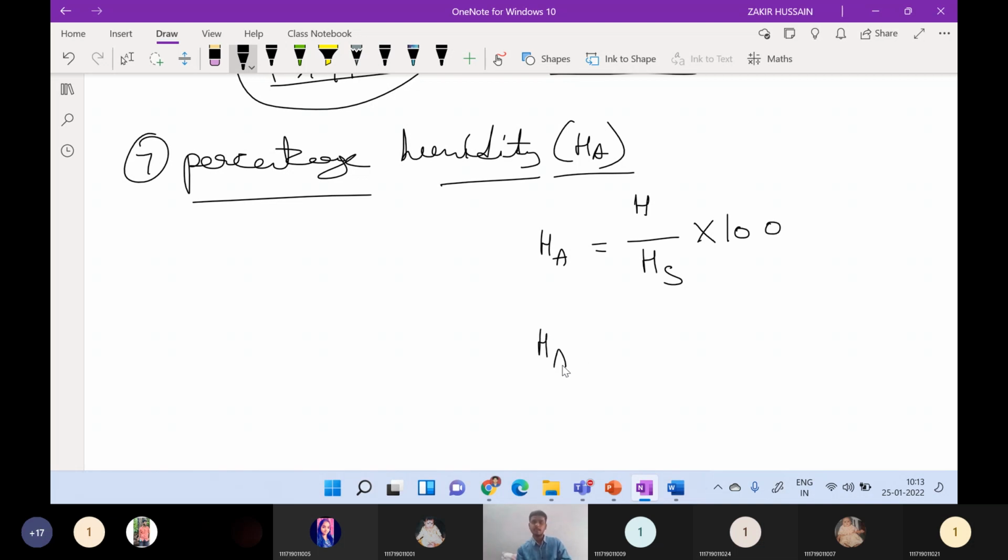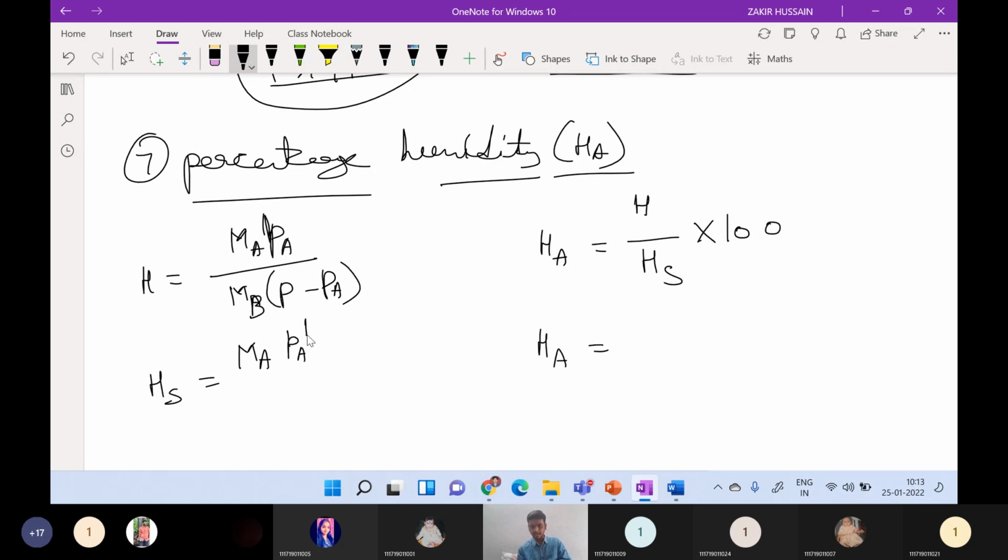Now we know that H is nothing but MA into partial pressure divided by MB into total pressure minus partial pressure of component A. We also know that HS is the same where partial pressure is replaced with vapor pressure, so PA dash divided by MB into P minus PA dash.